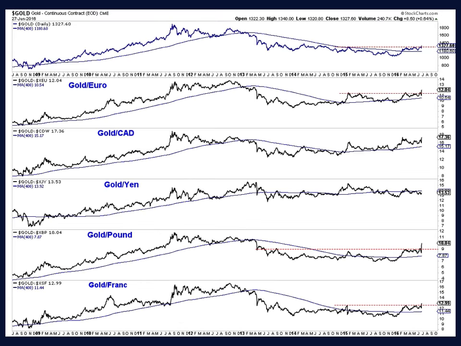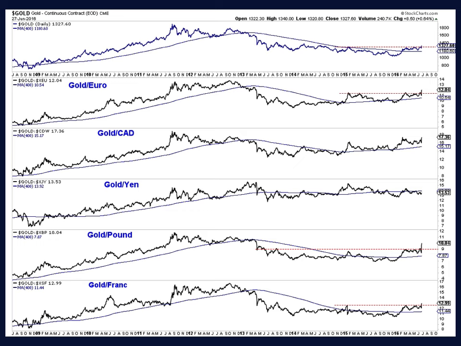And drilling down here, more specifically, we plot gold against the individual currencies. We have gold against the euro, gold against the Canadian dollar, gold against the yen, gold against the British pound, and gold against the Swiss franc. Now, we did not include gold against the Aussie dollar, which is the strongest, and we'll get to that in a second here.